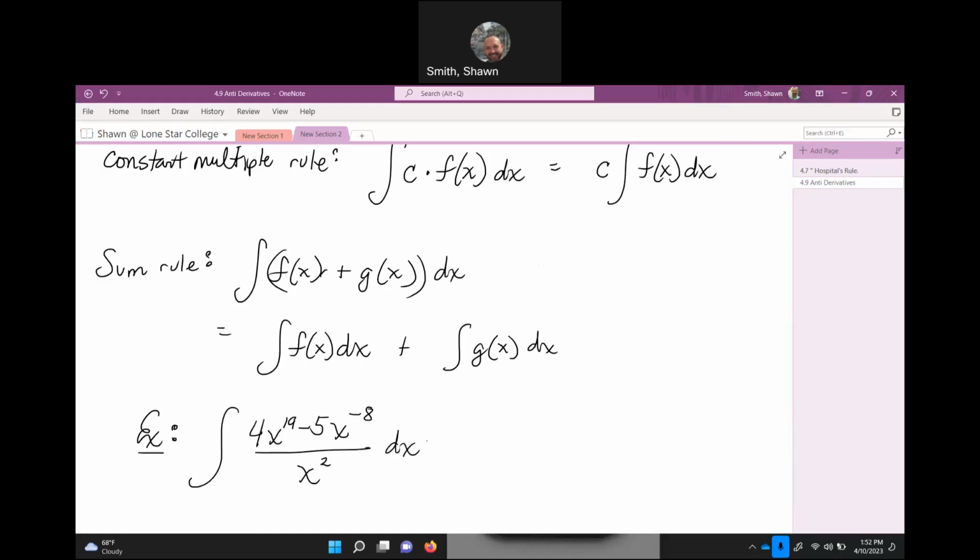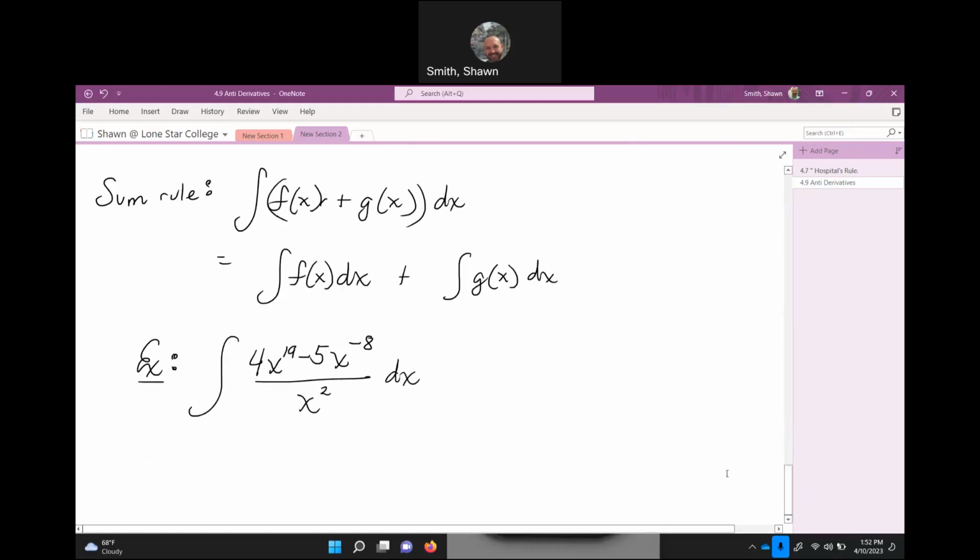Well, the first thing, like I said, a lot of times we're going to try to do a rewrite, so it's just a nice polynomial format. You can see we're dividing everything just by x squared. So division by a single monomial term in the bottom. Every term in the numerator is divisible by that, right? So I can rewrite this as 4x to the 19th over x squared minus 5x to the -8 over x squared, all dx.